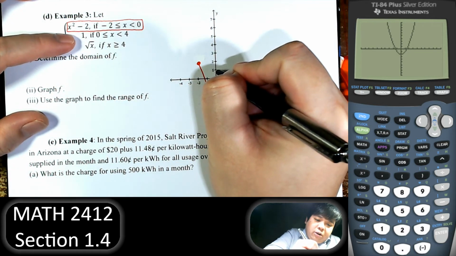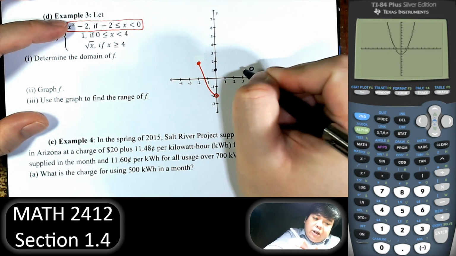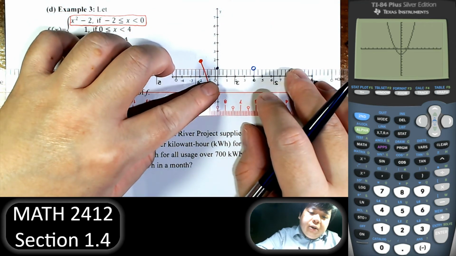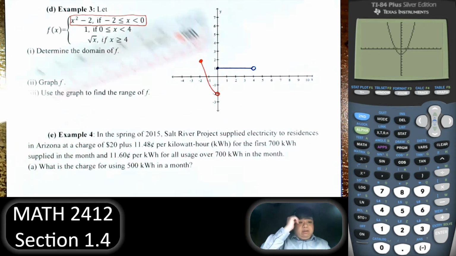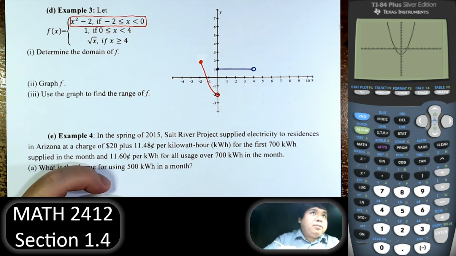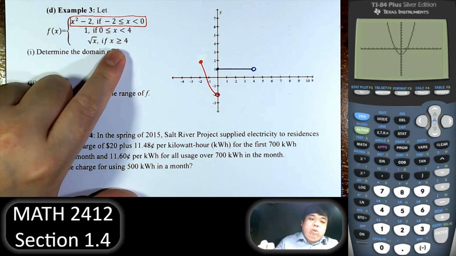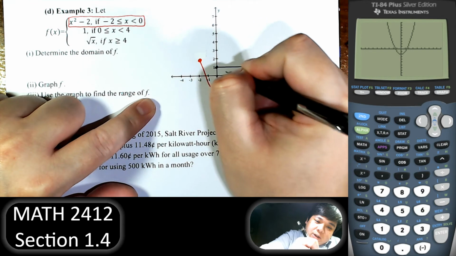So from 0 to 4, not including the 4, but including the 0, we have this portion of the graph, the function equal to 1. And then after that, we have the square root when x is greater than or equal to 4. So the square root is going to be like this.